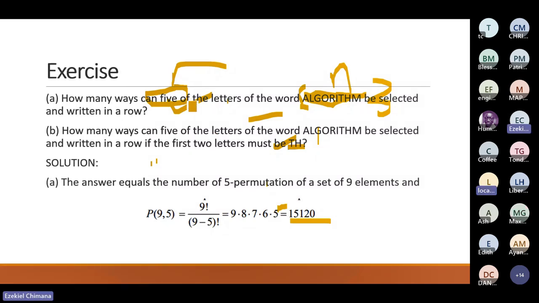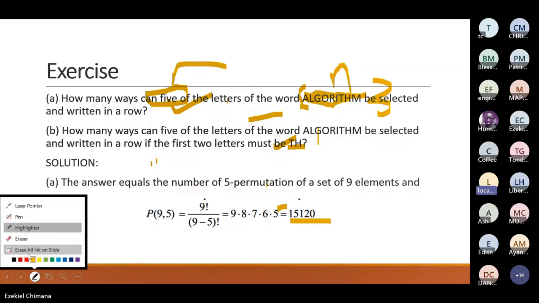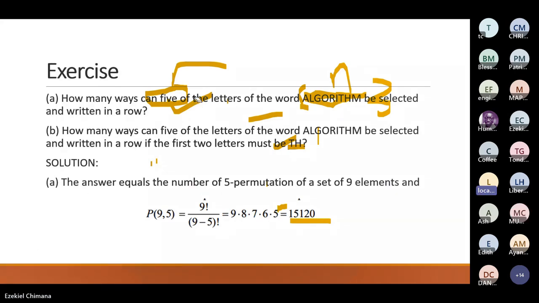Come again. What was your question? My question is this one: how many ways can 5 letters of the word algorithm be selected and written in a row? The first one that you taught us was a set of A, B, C, and D. So I was asking if we treat the letters of the word algorithm as 1 word, 2 word, 3 word.